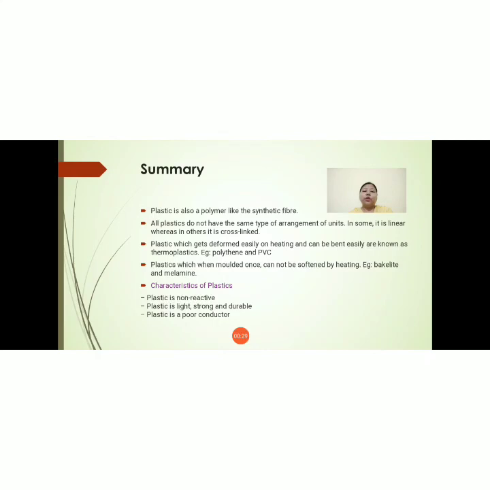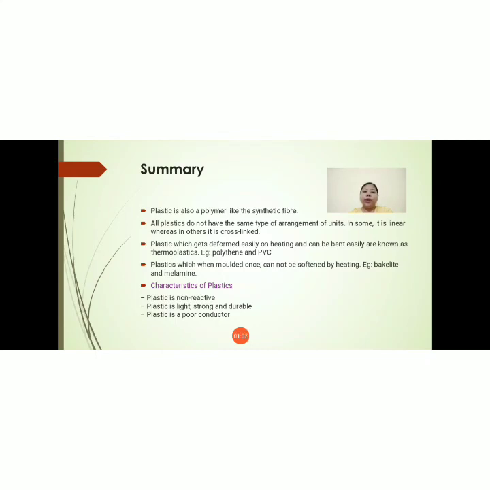Let us summarize what we have learned. Today we have learned that plastic is also a polymer like synthetic fiber. All plastics do not have the same arrangement of units; in some plastics the units are arranged in linear form, and in some they are cross-linked. Plastic which gets deformed easily on heating and can be bent easily is called thermoplastic, and examples are polythene and PVC.